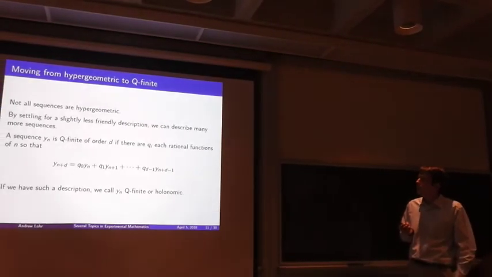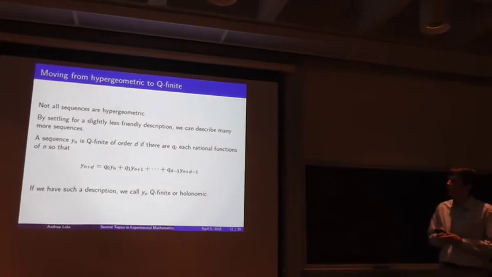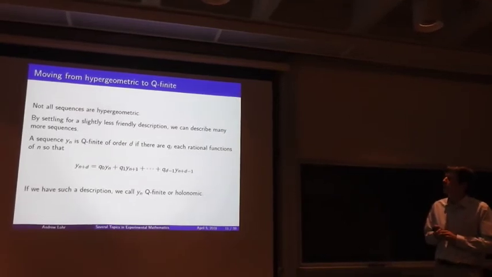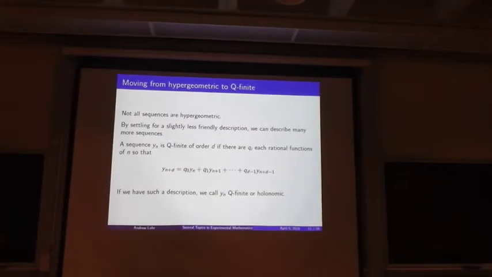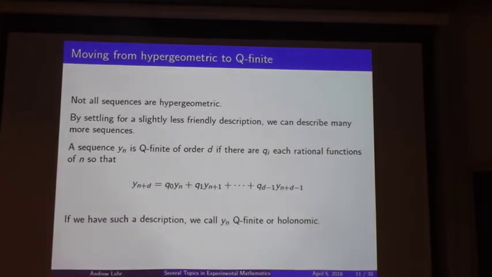Okay, so moving past that, this is getting into the WZ theory of summing stuff. We're talking about, instead of just hypergeometric things, Q-finite. Sometimes you see this called holonomic. And from the theory of holonomic stuff, you get a lot of nice closure properties.